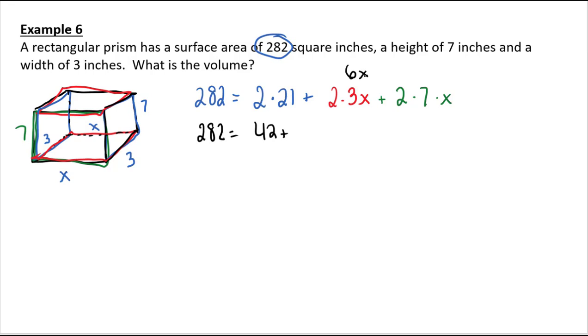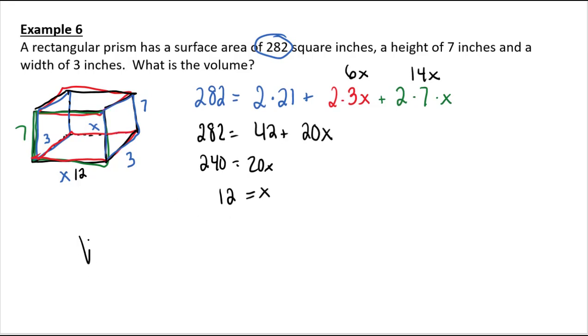This is 6x. This is 14x. So that simplifies to 20x. I subtract 42, so that's 240 equals 20x. In this case, x ends up equaling, I divide by 20, I get 12.